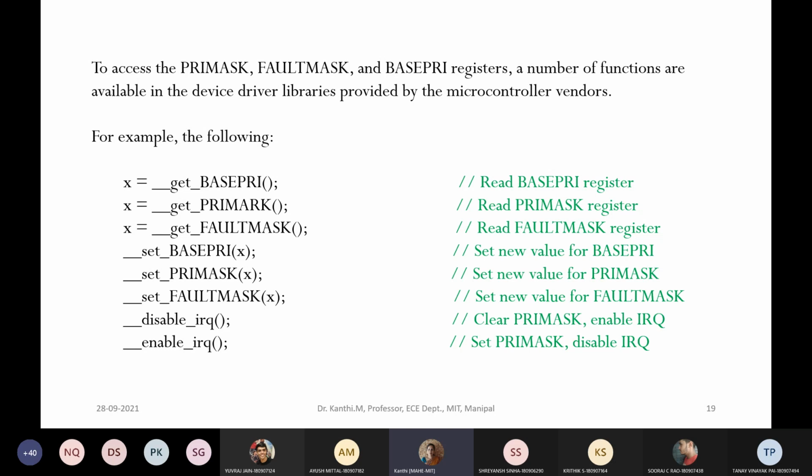Similarly, I have the primary mask register, sorry, this should be mask. Then the fault mask register. You can set new values onto the various mask registers, and __disable_irq will clear your primary mask and enable the normal interrupt request. There are normal interrupt and fast interrupt, the two modes used in the processor.